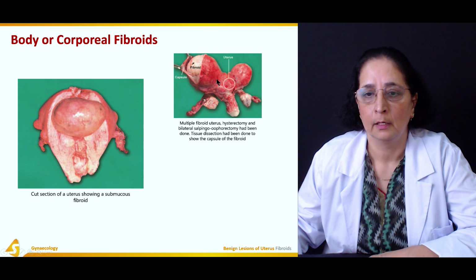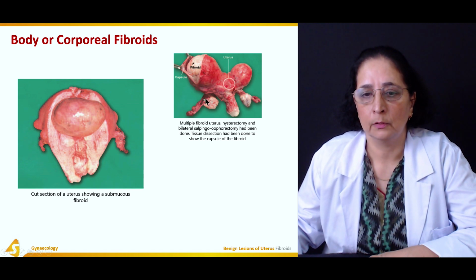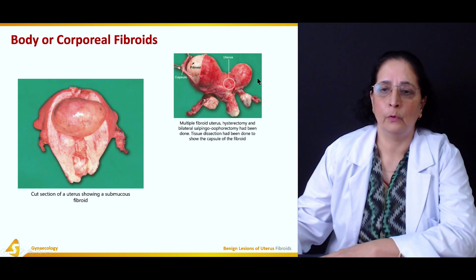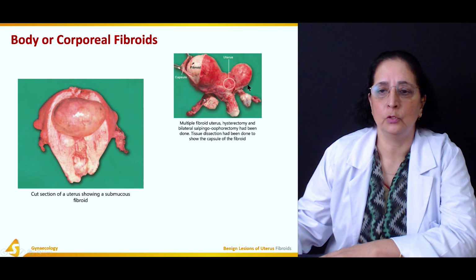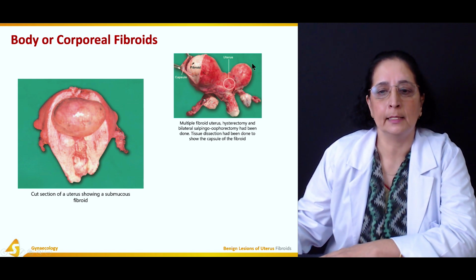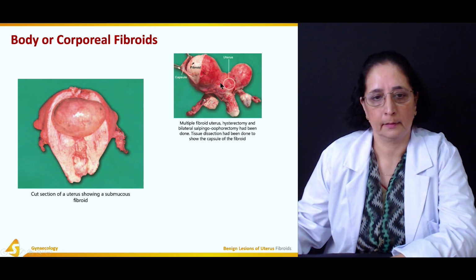So this is the multiple fibroid uterus, and hysterectomy and bilateral salpingo-oophorectomy had been done. So you have uterus, fallopian tubes, ovaries, and multiple fibroids are present in this picture.